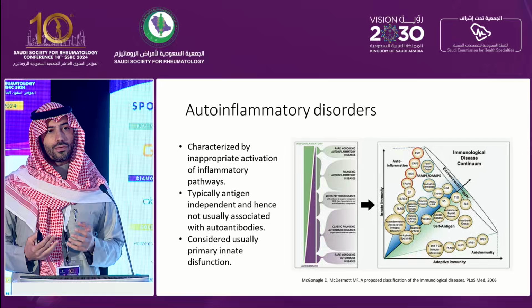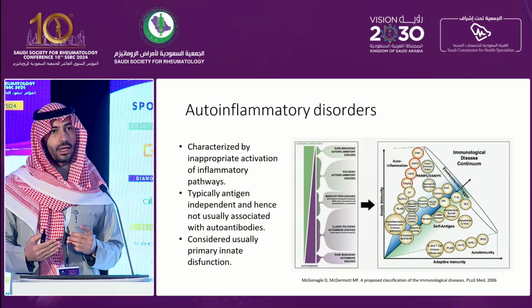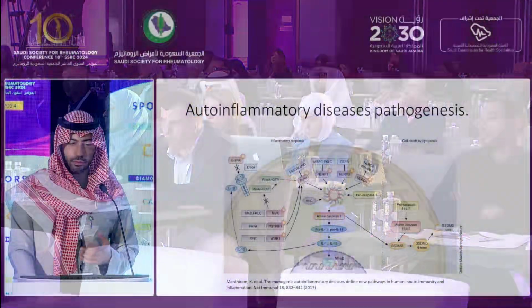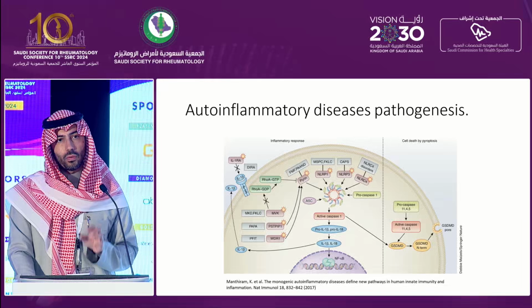However, the majority of our diseases lie in between, and that's why you will have an overlap between different disorders, with some characteristics of autoinflammation, while others have more characteristics of autoimmunity.